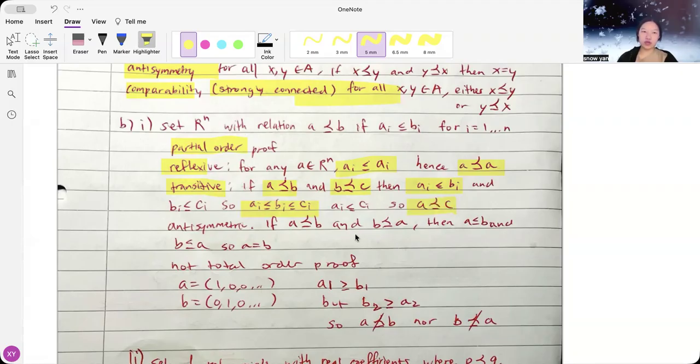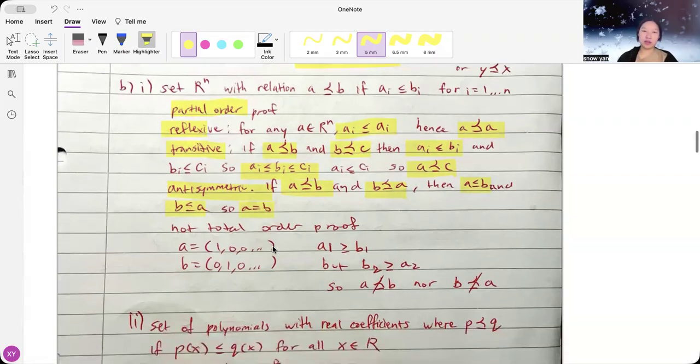So that's true. And then the final property that we need to check is antisymmetric. If A precedes B and B precedes A, then that must mean that A is smaller than or equal to B and B is smaller than or equal to A. So then that must mean that A equals B in this case. And then we're done with our partial order proof. For our total order proof, we would have to show just a counterexample in general.